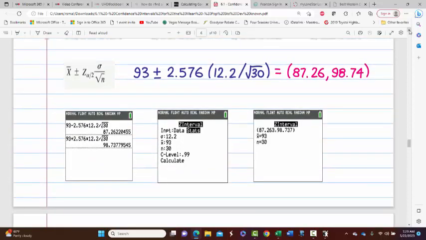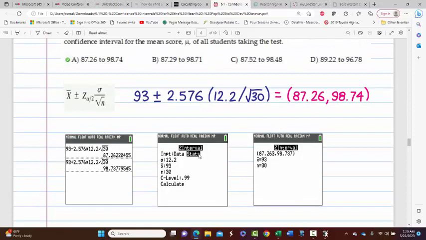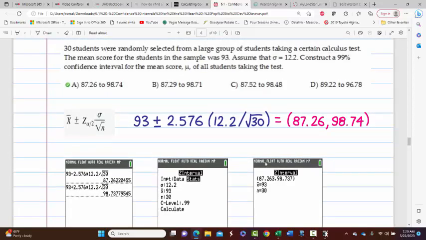Okay, so Z-interval stats, 12.2 is your population standard deviation. X bar is 93, n is 30, confidence level is 0.99. Calculate. And there it is, 87.263 to 98.737, which is what I got right here using the formula.